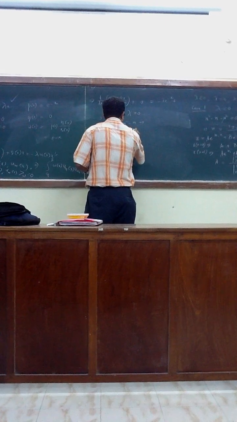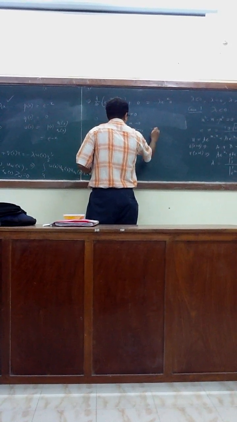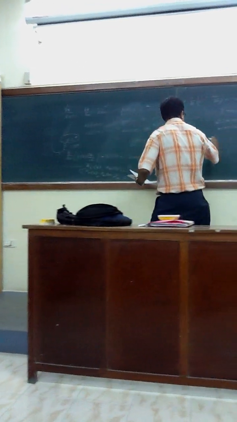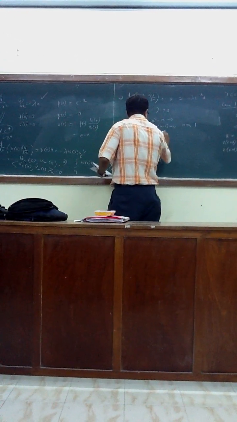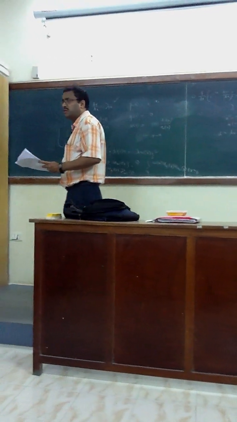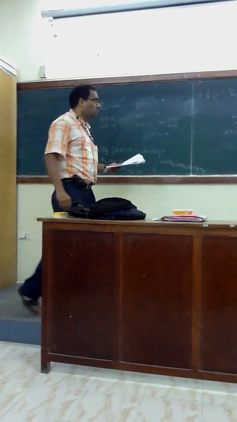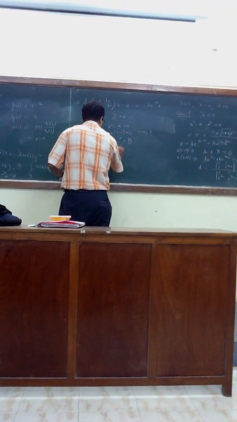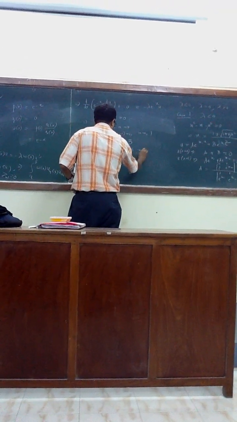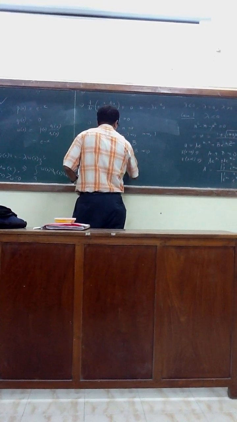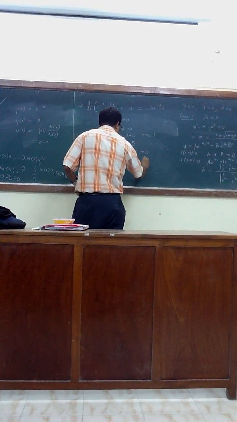So m into m minus 1 equals 0. m is 0 or 1. So your solution is u equals a e to the power x plus b. Am I correct? e to the power 0 into x equals 1. So u at 0 is nothing but a plus b equals 0, and u at 1: a e plus b equals 0.